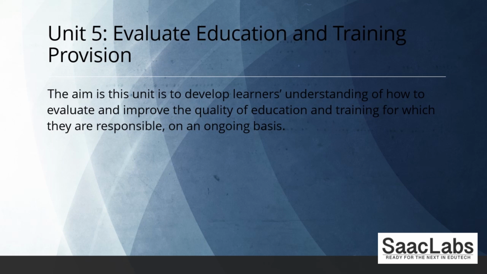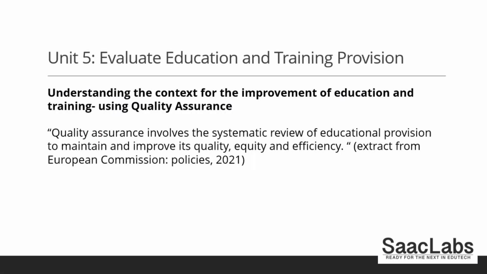We are going to talk about quality assurance. I already spoke about quality assurance briefly, but during unit 5, we are going to explore quality assurance in much more detail. So what exactly is quality assurance? Briefly mentioning here, quality assurance involves the systematic review of educational provision to maintain and improve its quality, equity, and efficiency.